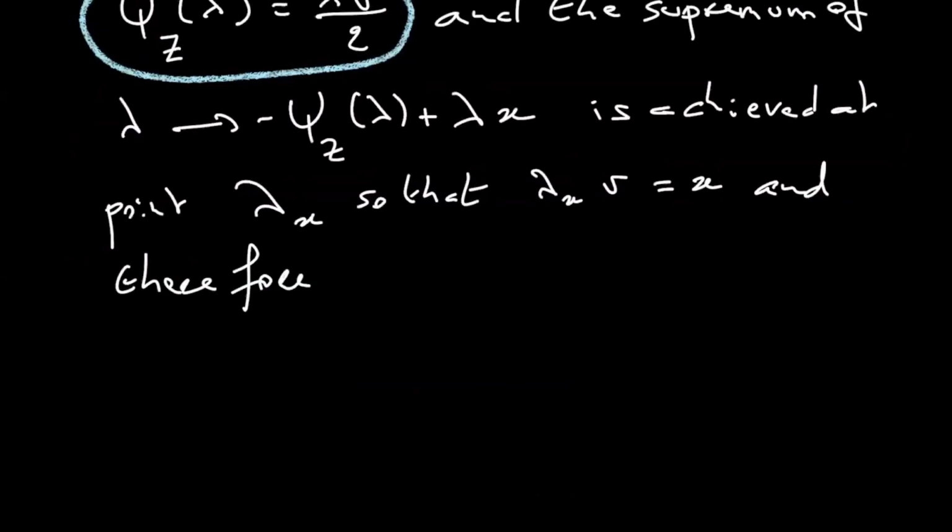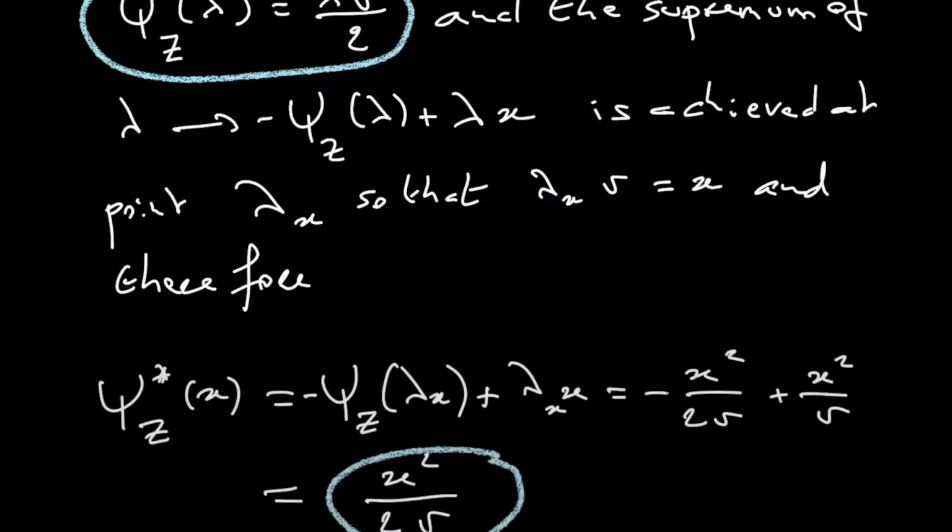So in the case of the normal distribution, I do the computation in order that you see how to compute a dual function. It is very simple. You look at the supremum of this quantity here, you differentiate with respect to lambda, and you find that the maximum is achieved at the point where the derivative is equal to 0, that is the point lambda x, which is such that lambda x times v is equal to x.